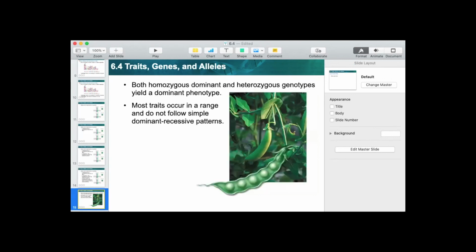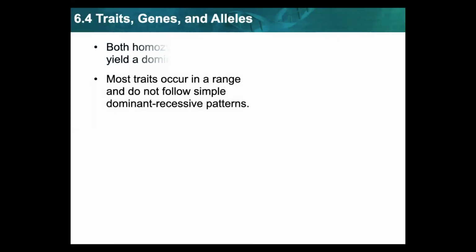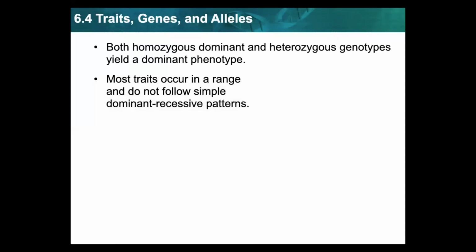Okay, the last one to do. Both homozygous dominant and heterozygous genotypes give you a dominant phenotype. And so that means homozygous dominant would mean you have two dominant traits, like you have two genes for brown hair or two genes for brown eyes. Heterozygous would be you have different genes, but it's heterozygous dominant.